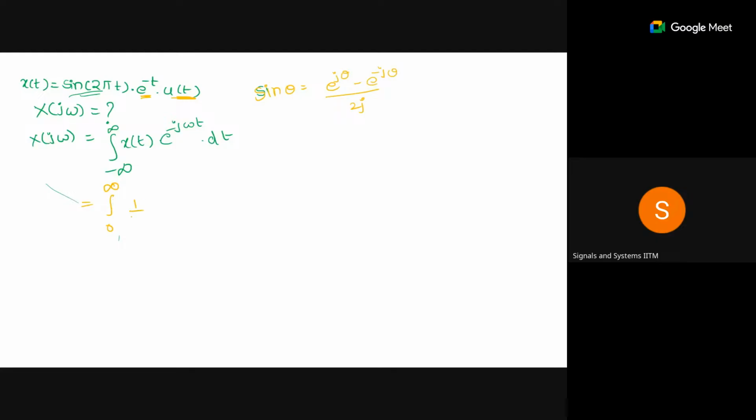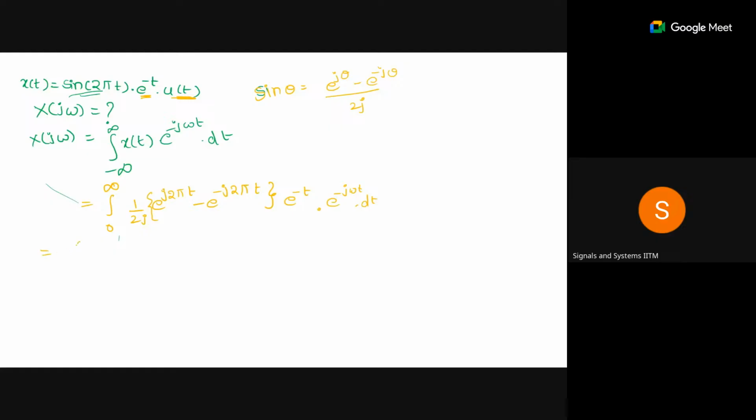So 1 by 2j into e power j 2 pi t minus e power minus j 2 pi t, into e power minus t. u of t I am not considering because I have taken the limits from 0 to infinity. Into e power minus j omega t dt.